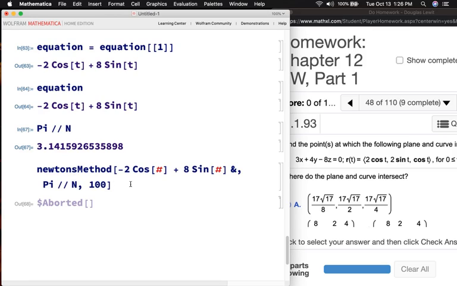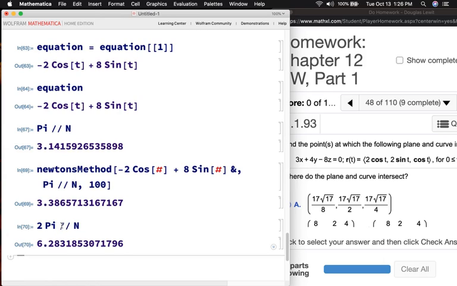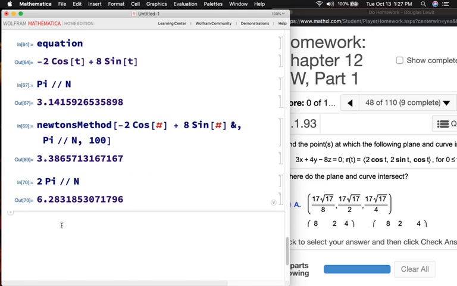Shift enter. Okay, much better. That worked a lot better. So I'm getting 3.38657, etc. Is that less than 2 pi? 2 times pi. Yeah, that's less than 2 pi. However, there could be another answer. There could be two answers. So this is one possible answer. I'll call it T1.